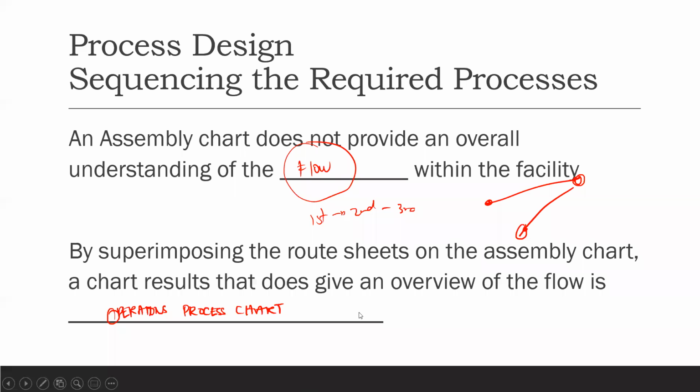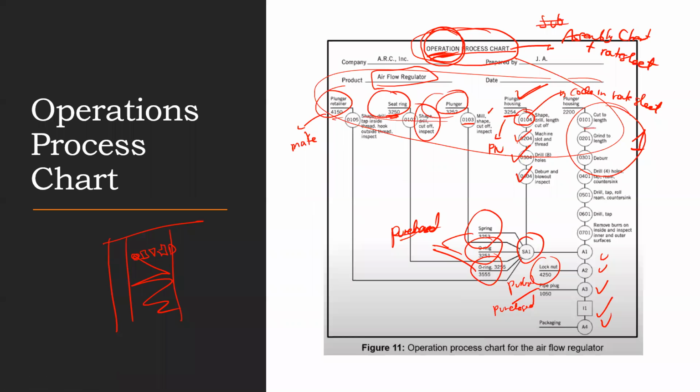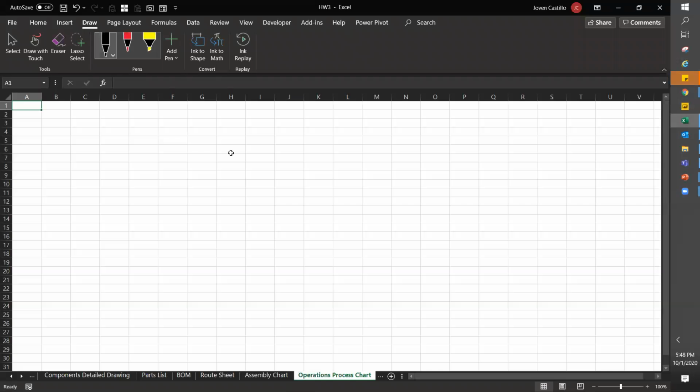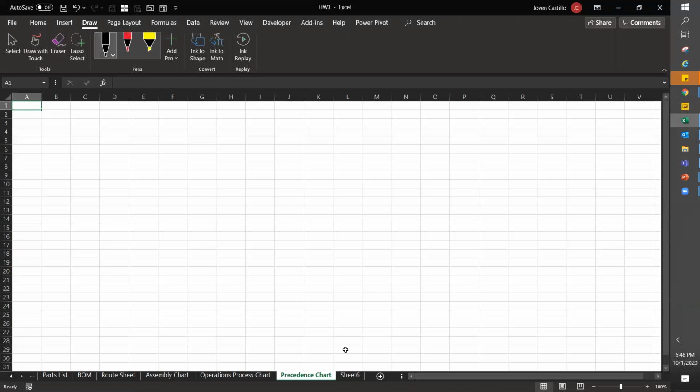Okay, so you have the operations process chart. Ganito yung itsura, halos kapareho lang din naman po ng assembly kaso may details po for the process. Okay, like this one. And lastly is precedence. Ayan. So may precedence chart na kaya. Yun yung next. Or precedence diagram.